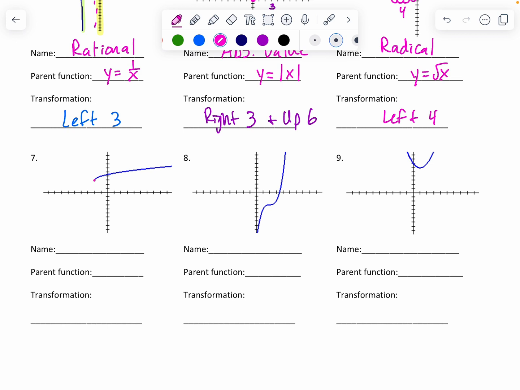So it's got a starting point and it curves to the right. So that original function is here. So it's a radical. And it moved 1, 2. So it's moved over 2 to the left. And it goes up, looks like it's going up 3.